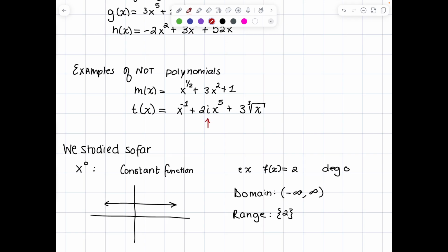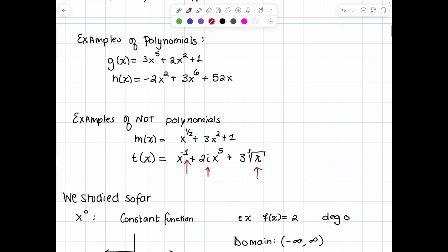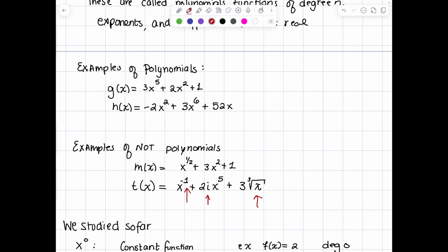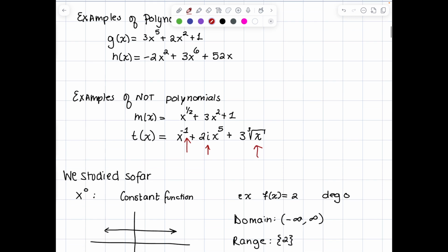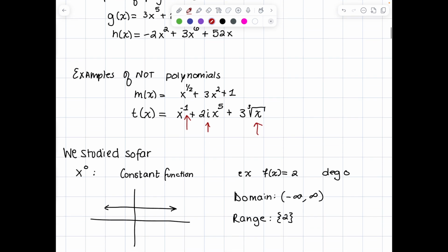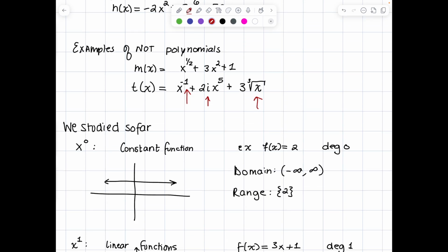So there we have i, we have the negative exponent, we have a radical over here. So just generally, you can't have those in polynomials. All the coefficients must be real numbers. So they can be square roots, but they just can't be imaginary. And all of the x exponents have to be a positive whole number, no fractions, no decimals, no negatives. That is the main kind of conditions for polynomials.